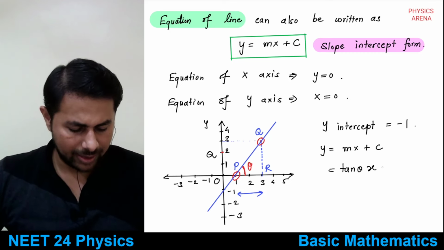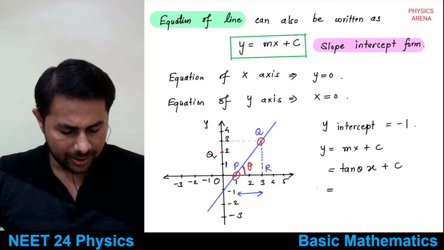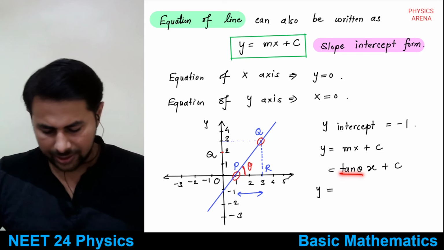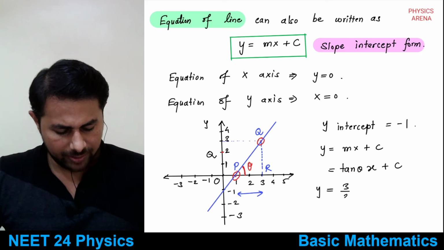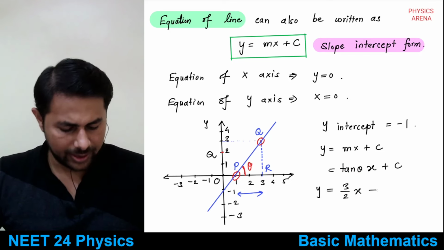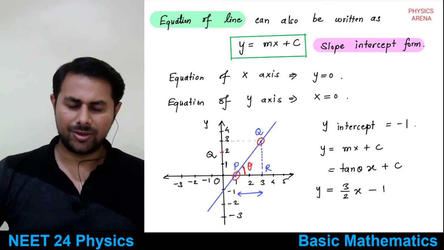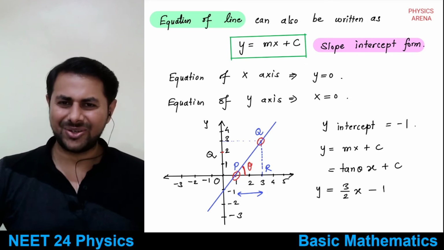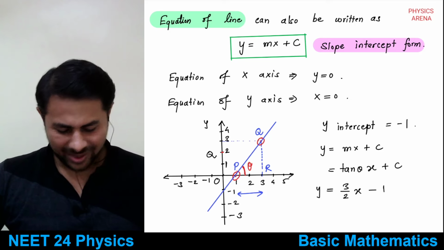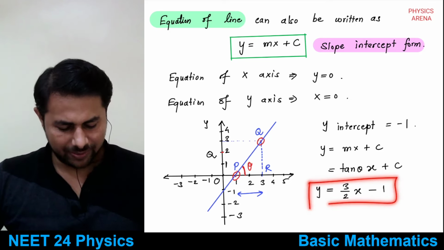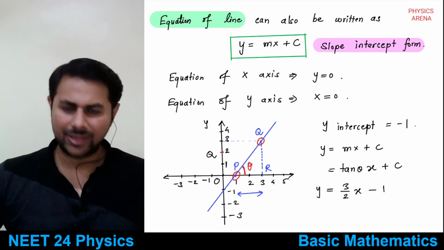So you have tan of theta times x plus c, and tan of theta is 3 by 2. So it's 3 by 2 x plus c, and c in this particular example is -1, right? So you have this equation. This is the equation of the line. Y is equal to 3 by 2 x minus 1.